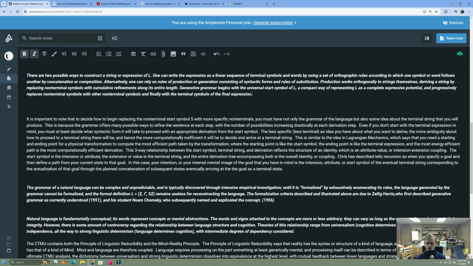So when you begin to derive a sentence, you have the start symbol, but then you have an infinite number of ways that you could break down that start symbol or factorize it into non-terminal categories, depending on what type of terminal string you want to end up with.